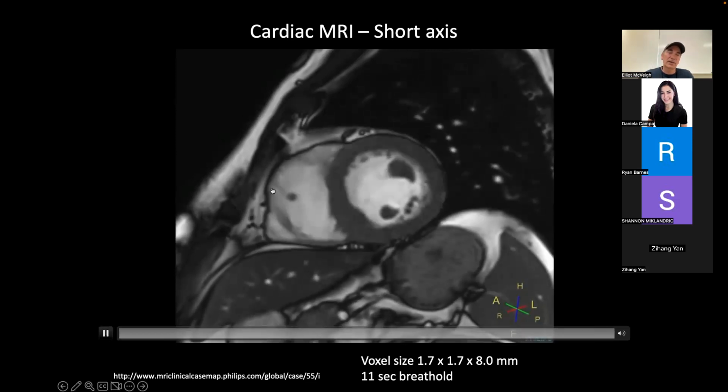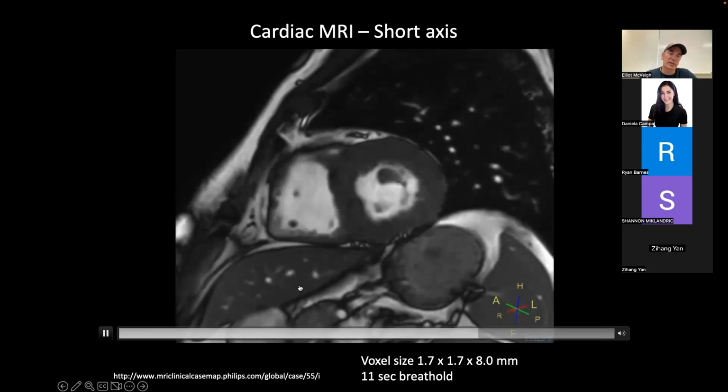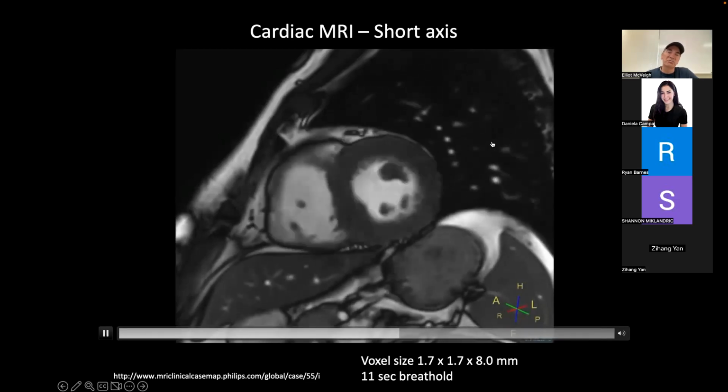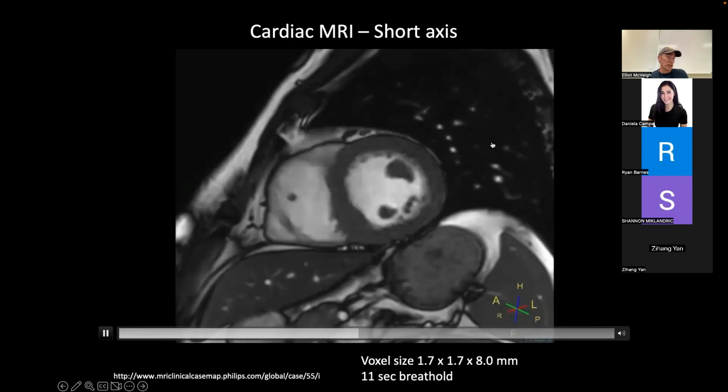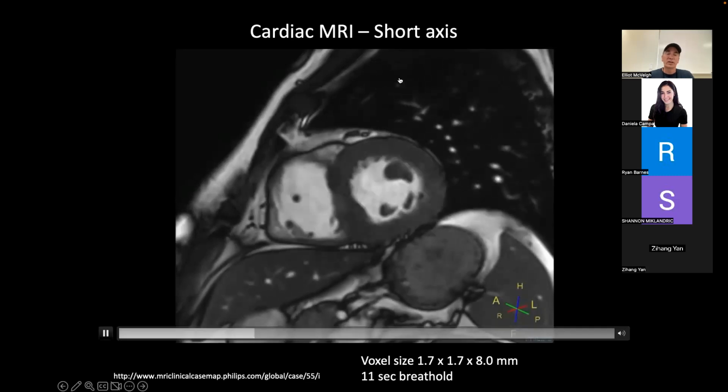And you can see that's happening a lot around here too. This is fat. This is fat right here. This is liver, okay? And the field of view is good. We've got the whole heart in a 2D view.